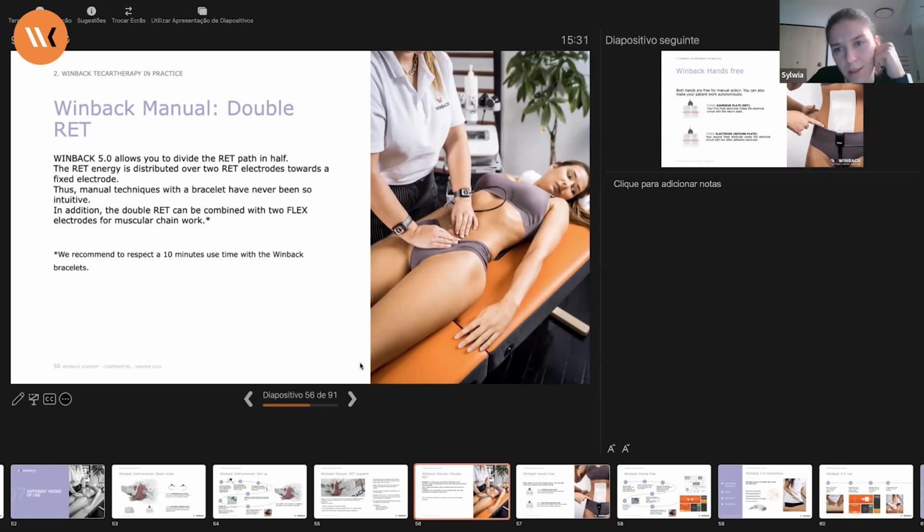With two bracelets, how much do you increase the intensity? It's the same. The intensity will spread across the two. So you have to adjust it a little bit more, okay? Because they will feel less.